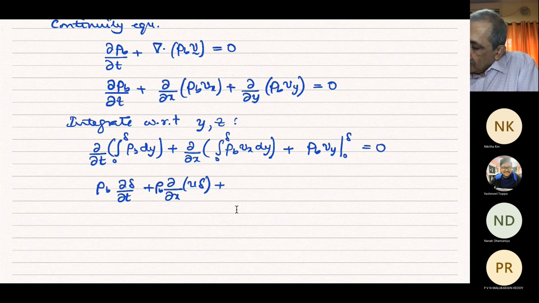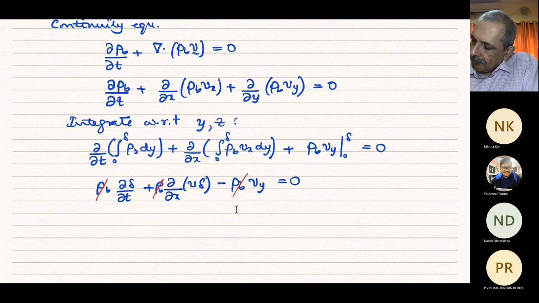And then here you have at y equal to delta, Vy is 0. So this is just plus, minus of rho b times Vy is equal to 0. Again, in this, the density cancels out everywhere.